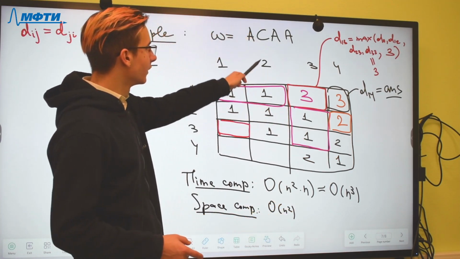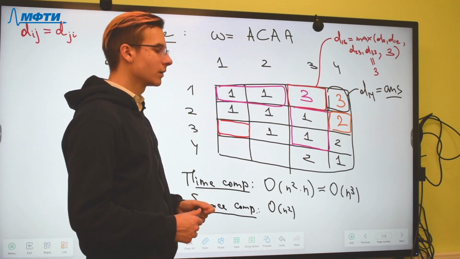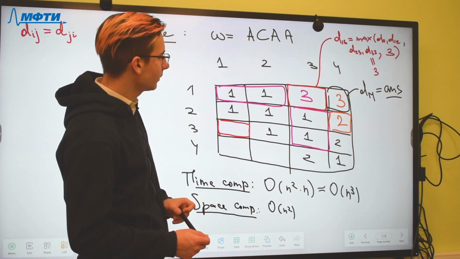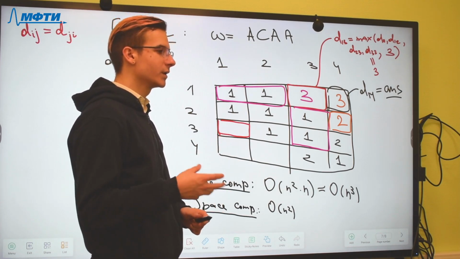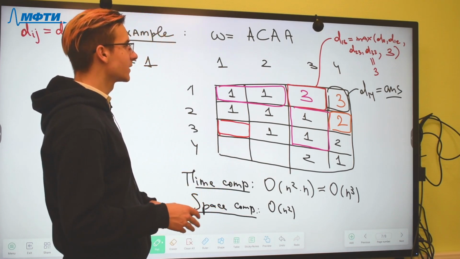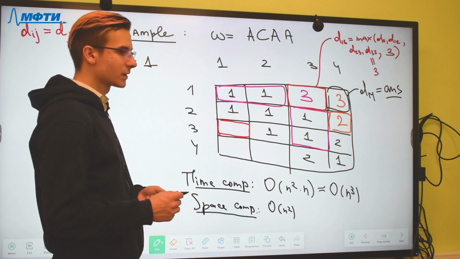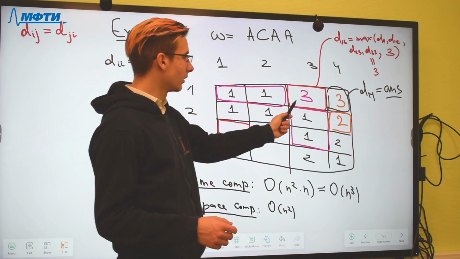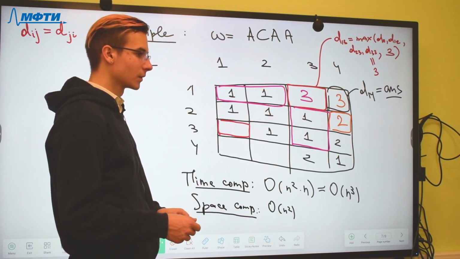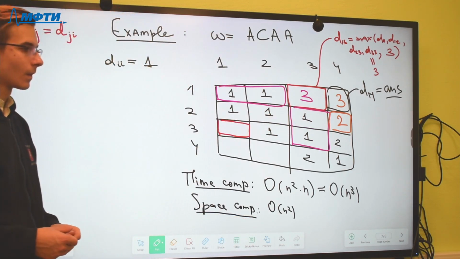And if the characters are not equal, we set 1. So we can compute it before we start the common case and compute all the other numbers in the matrix. I get it, thank you.